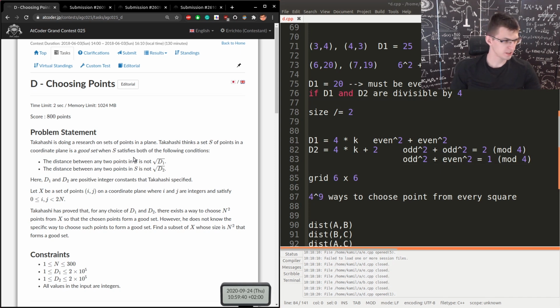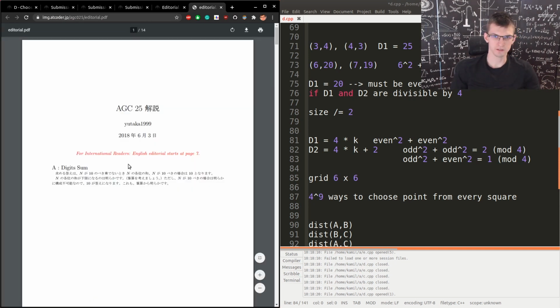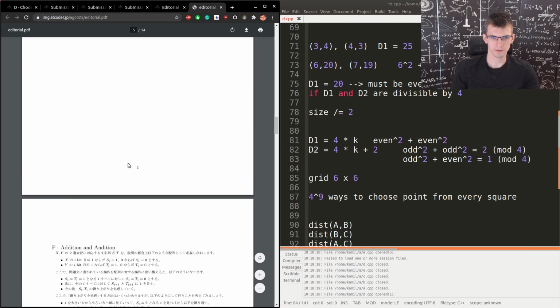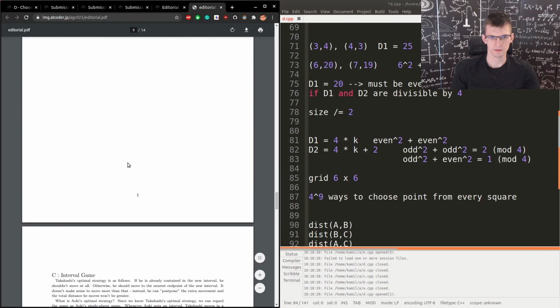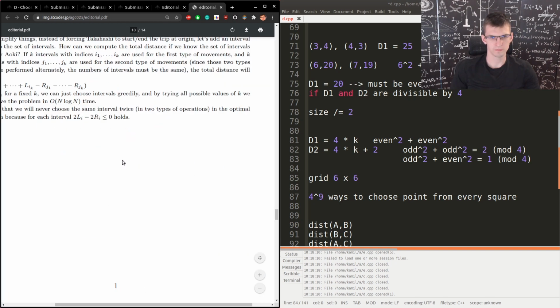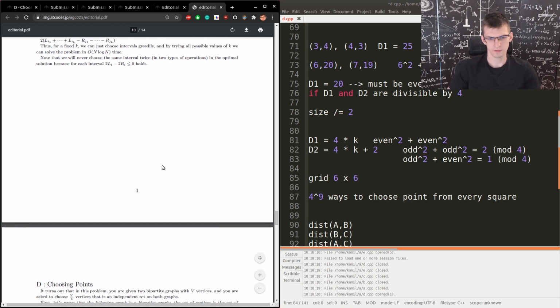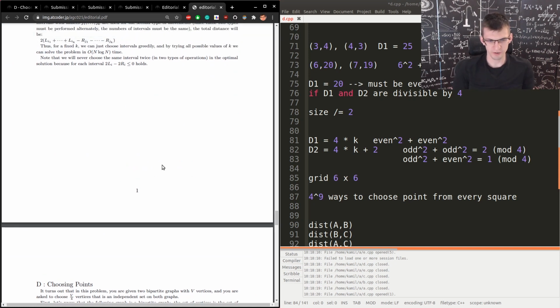Okay, this takes already a lot of time and I want to also do E and F, so I will look at some prefix of the editorial, not the full thing. Oh, it is a graph problem.